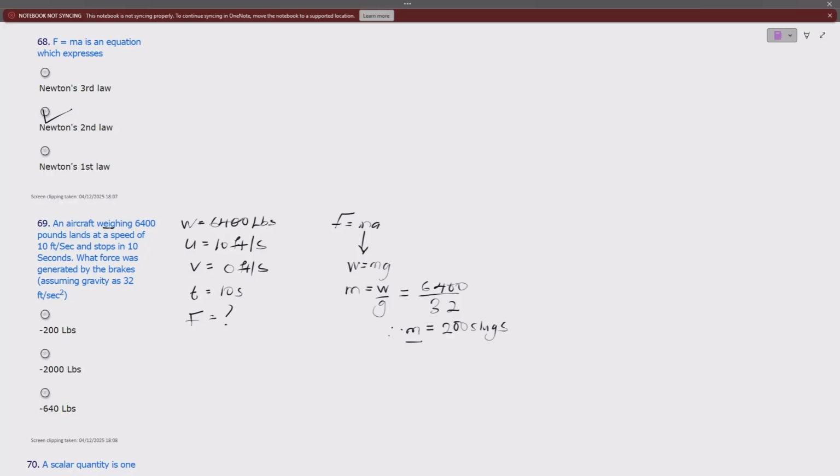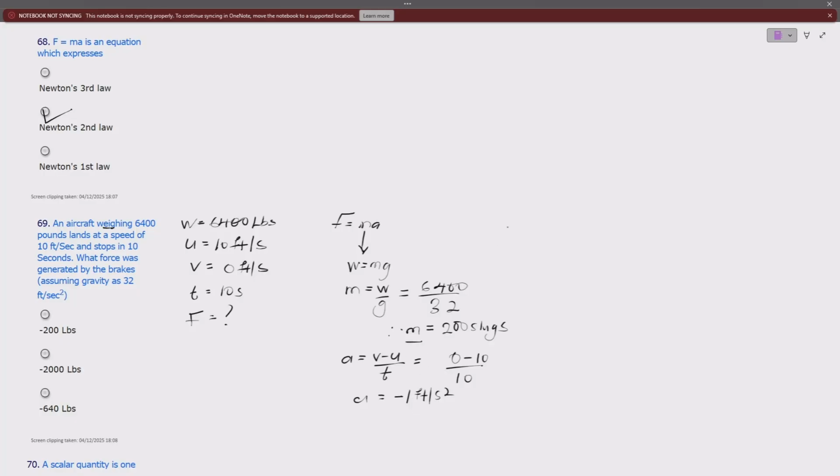So now we've got the mass. We need to find acceleration. Acceleration equals change in velocity over time, so final minus u, divided by t. That is 0 minus 10 divided by 10. Therefore, acceleration is minus 1 feet per second squared.